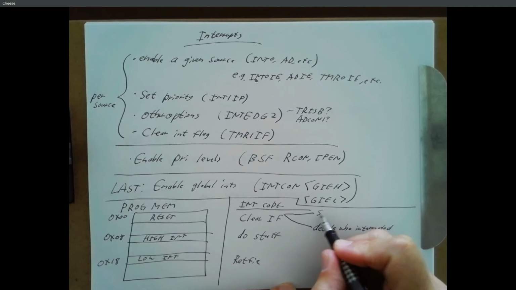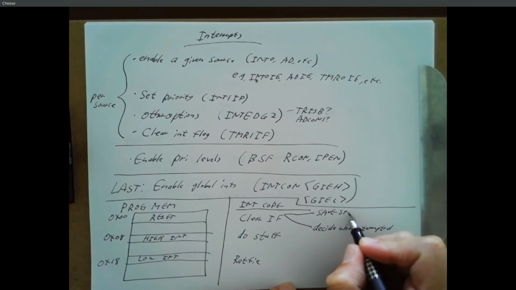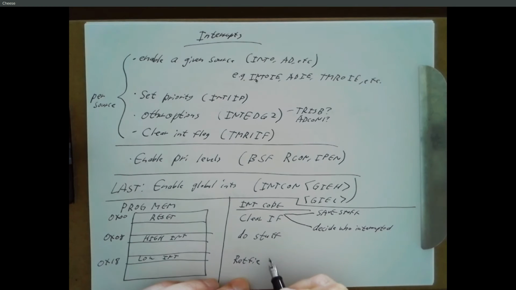And then decide what to do. And sometimes, in the very beginning we want to save stuff, and at the very end we want to restore stuff. So if your main program is just a loop that says, you know, loop, go to loop, we don't really care if our interrupt code changes the W register or the status bits or things like that.